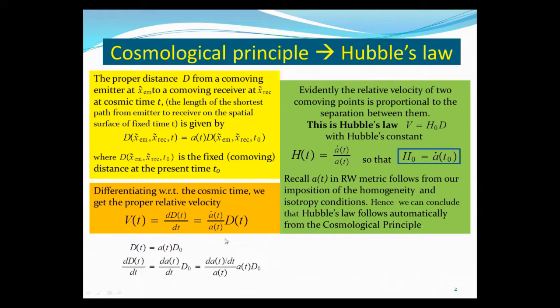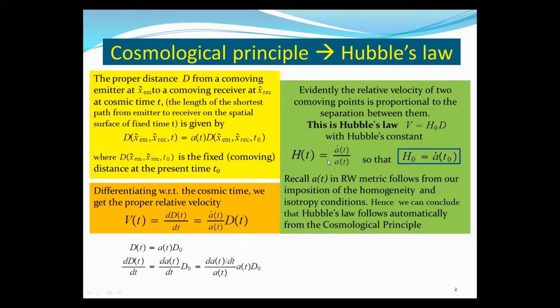Now, obviously, this relation says the velocity is proportional to the separation, with a proportionality constant. So that's Hubble's law. And the proportionality constant, the Hubble constant, is a dot over a. Of course, all these are time dependent.